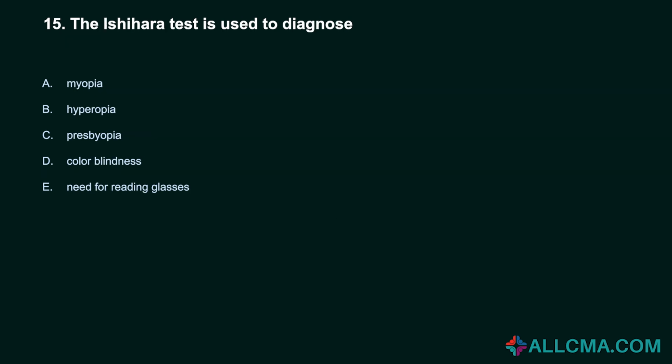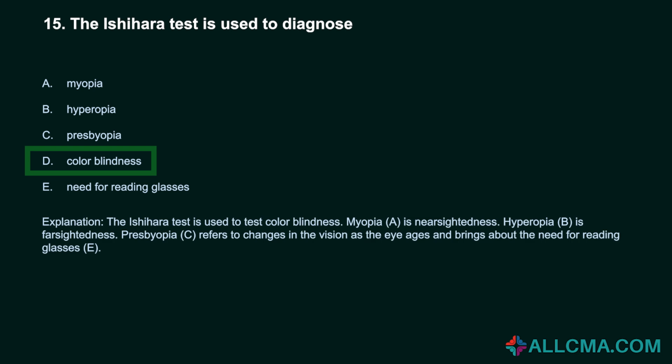15. The Ishihara test is used to diagnose: A. Myopia, B. Hyperopia, C. Presbyopia, D. Color blindness, E. Need for reading glasses. Correct answer, D. Color blindness. The Ishihara test is used to test color blindness.